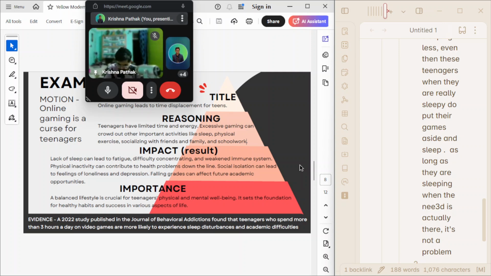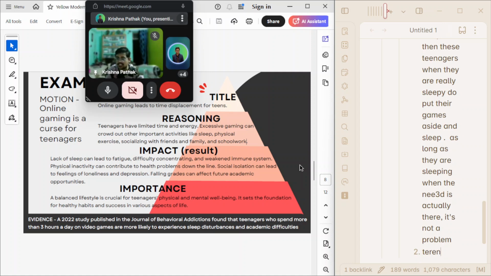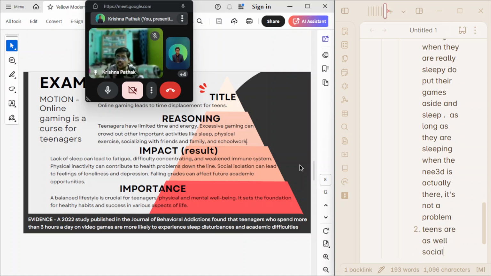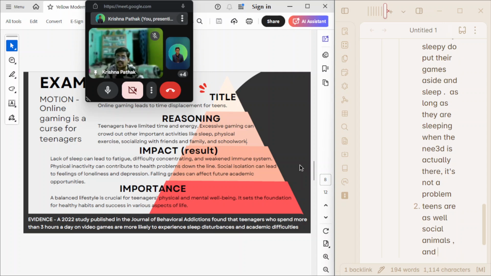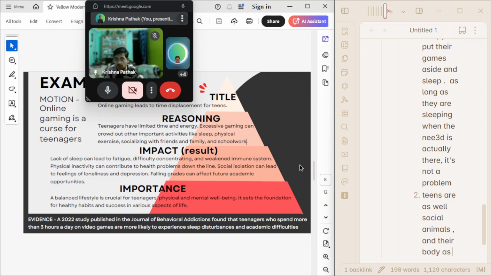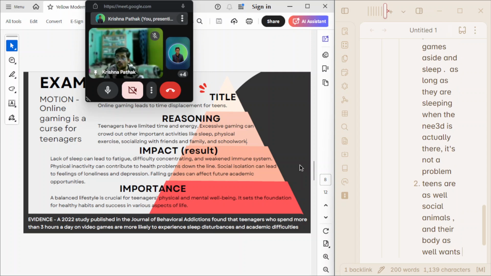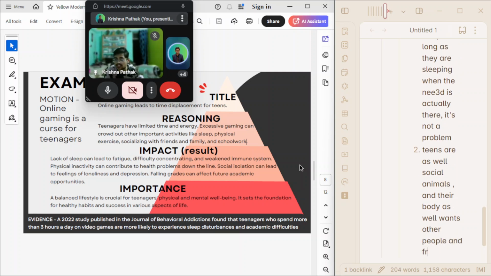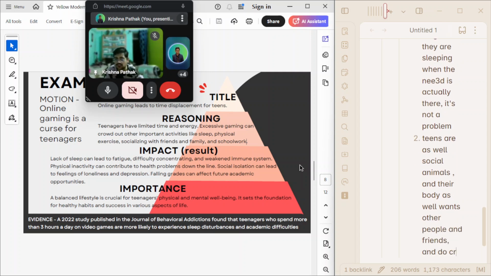Saying that they are not socializing with friends and family is again untrue, because just like every other human, these teens are social animals, and their body wants other people and friends and does crave them.